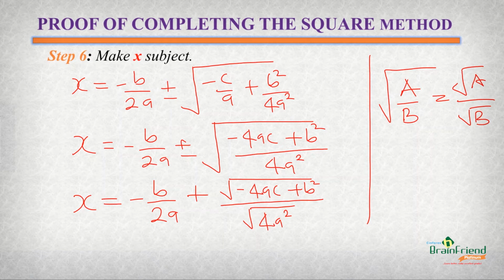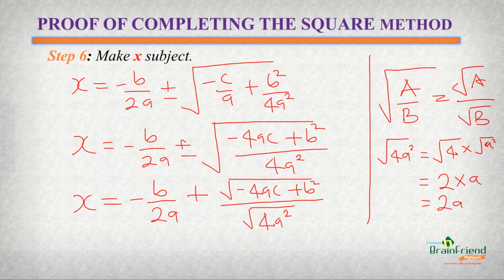Remember from your surds that if we have square root of 4a squared, it's the same thing as saying square root of 4 times square root of a squared. So going by this, we can say that square root of 4, of course, is 2, right? And then square root of a squared is the same thing as a. That leaves us with 2 times a, which you can just write as 2a, right?